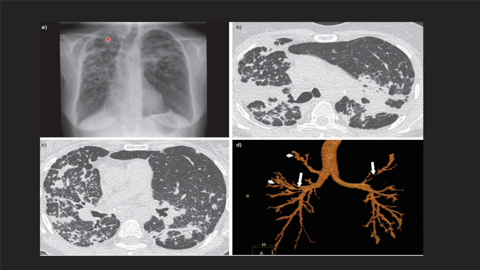So let's look at these images. The X-ray speaks of extensive parenchymal infiltrates. This is the corresponding CT scan. Here you can see large conglomerate masses which have conglomerated out of the nodules.